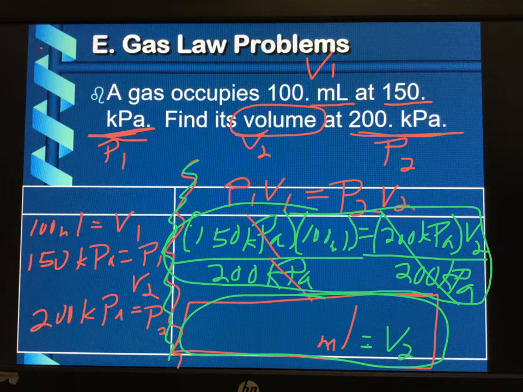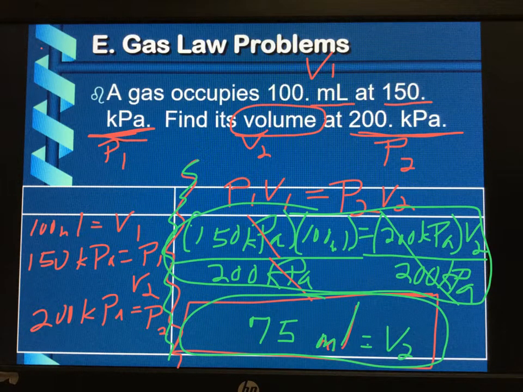Okay, so 150 times 100 equals, and then divide by 200. How many milliliters is this giving you? 75. Very good. Okay. And that's your milliliters. Where are we stuck? Where do we have a question? Are we sure?